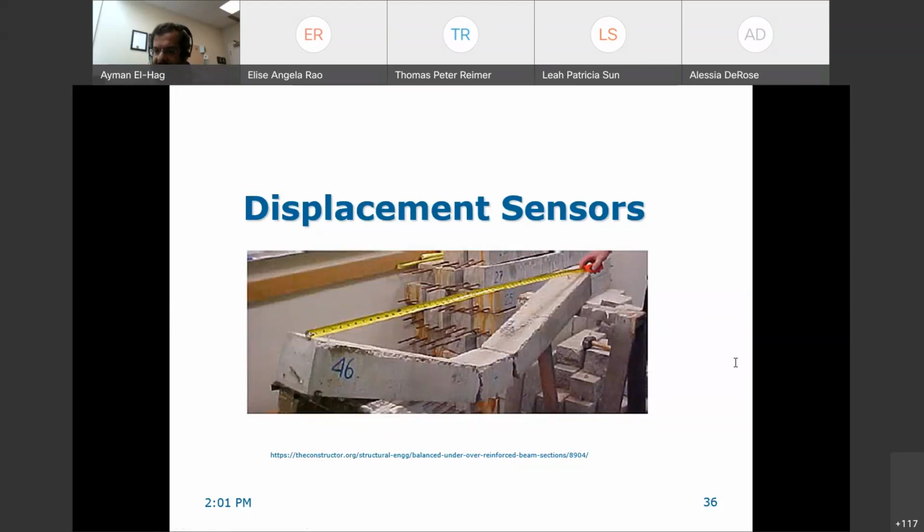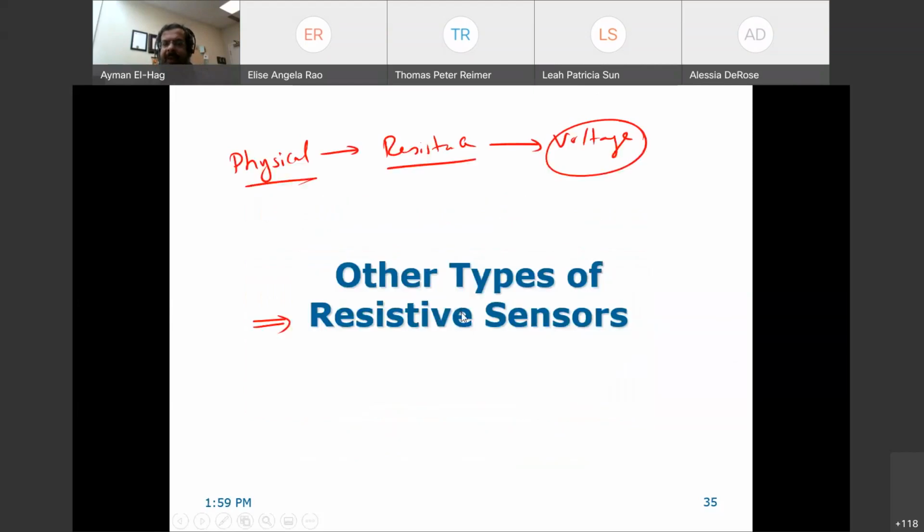No, the written piece you wrote above. Resistive. This is the physical phenomena, which could be force in this case. It is changed, converted into a change in resistance, and this change in resistance we convert to a change in voltage.